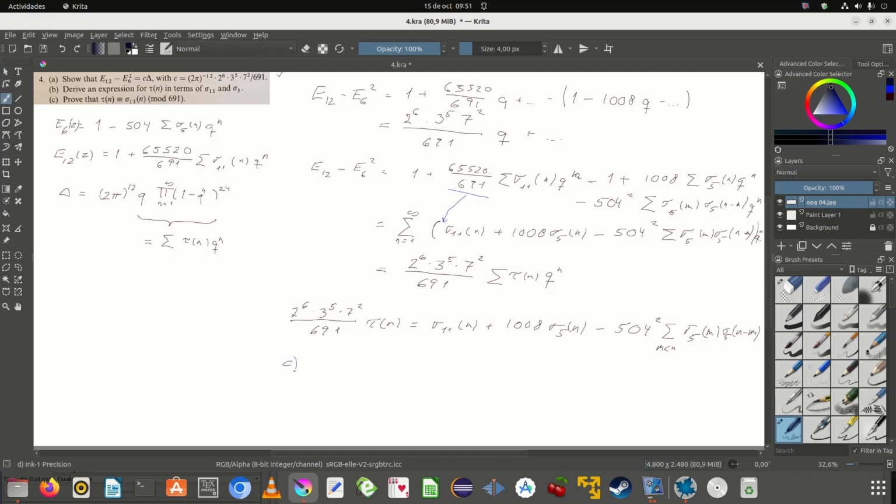And then part C should be very clear, because we can now isolate tau. Then 691 cancels.